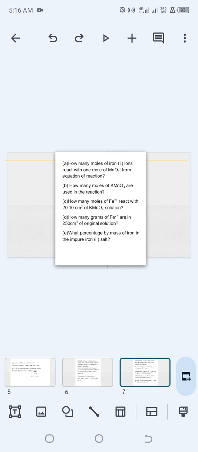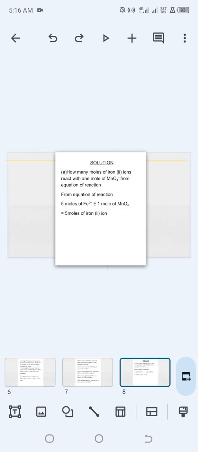C. How many moles of Fe²⁺ react with 20.10 cm³ of KMnO4 solution? D. How many grams of Fe²⁺ are in 250 cm³ of original solution? E. What percentage of mass of iron is in the impure iron 2 salt? Let's go and solve the problem.